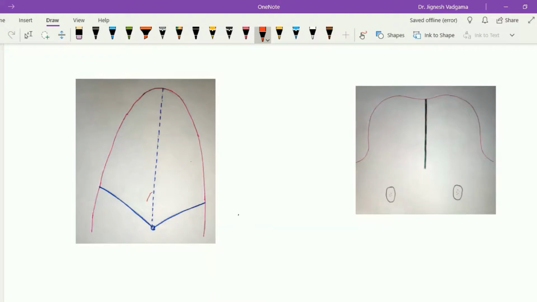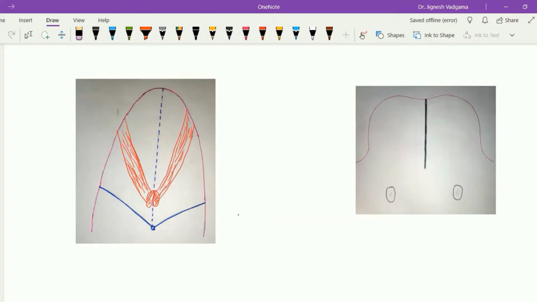So this is the posterior part of the median fibrous septum somewhere here, and from both sides this muscle gets origin, and from here the muscle passes forward and laterally and inserts in the sides of the tongue like this. So these muscles diverge from each other.